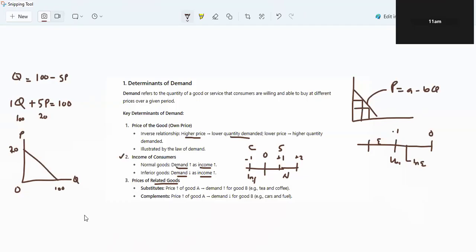Suppose we're given a supply. Supply is given by Q is equal to 10 plus 2P.